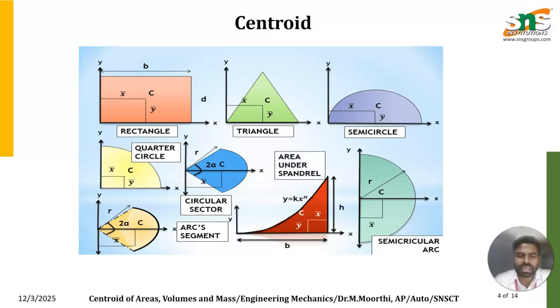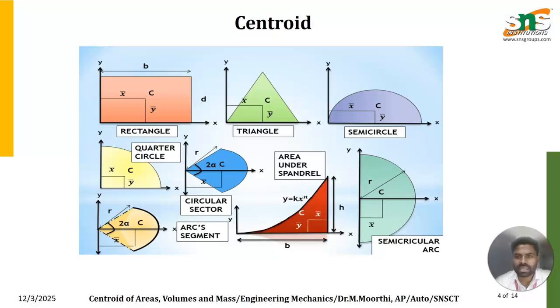If the triangle is considered from the base, then y bar is 1 by 3 into the height, and x bar is b by 2. And for a semicircle and quadrant, there is another concept.